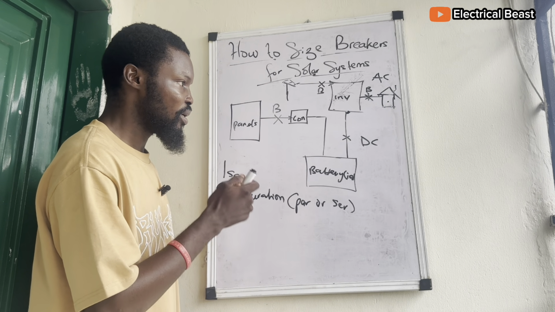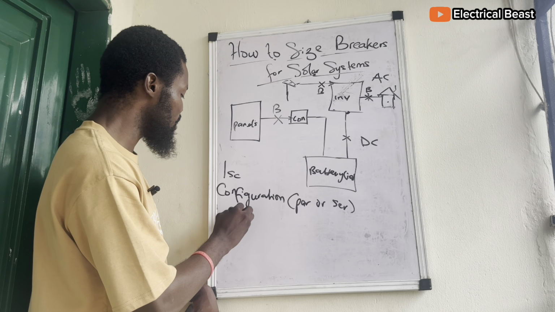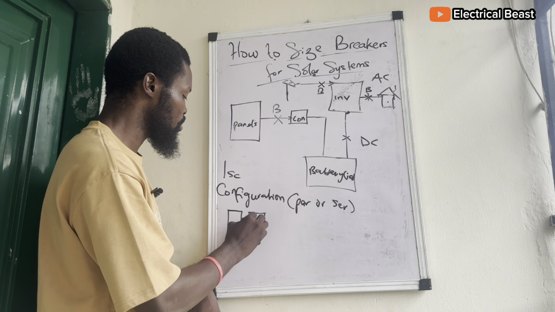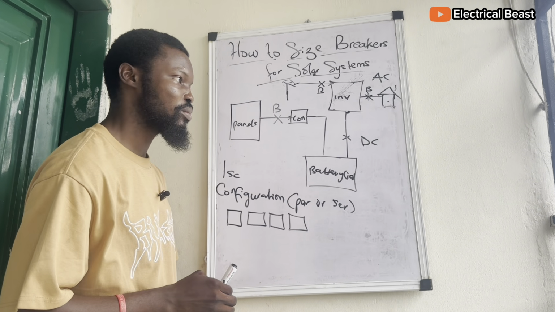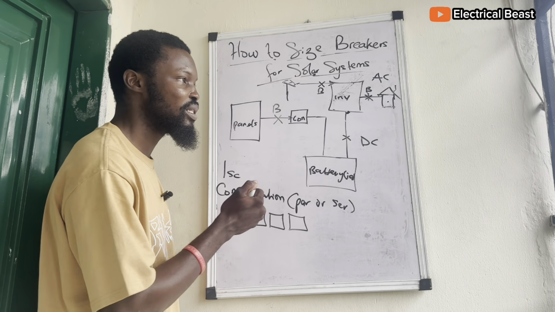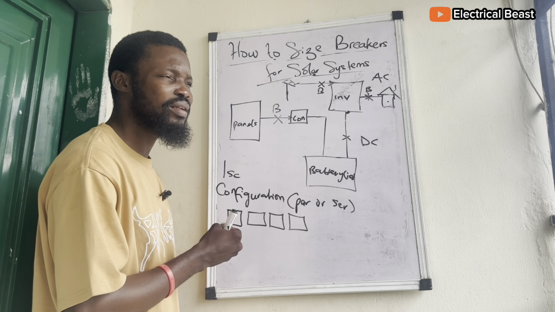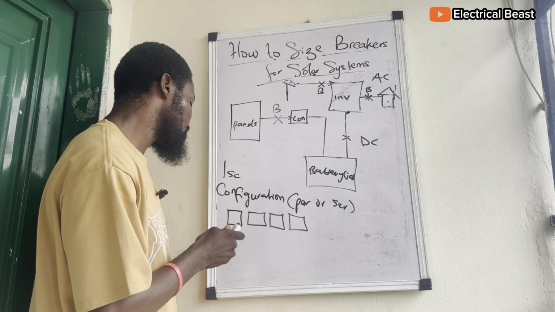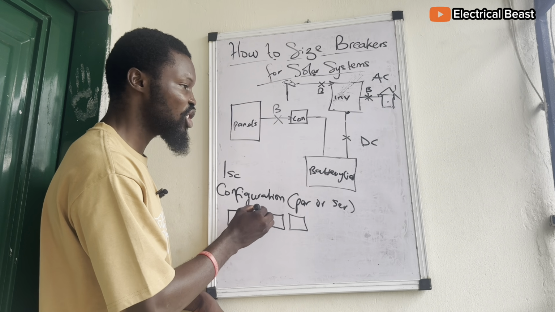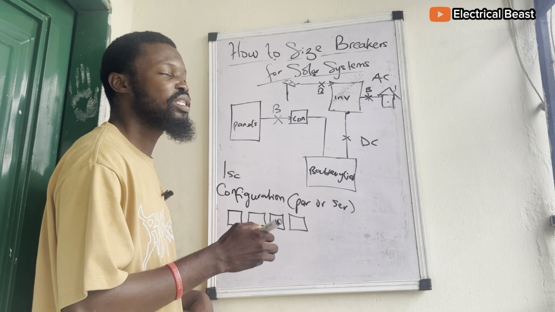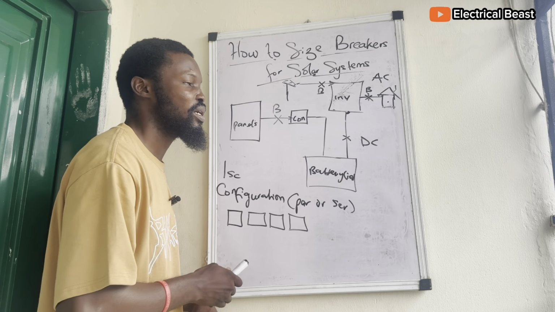For instance, if you have four panels, now you want to connect these panels. If you connect these panels in parallel, what would happen? Note that, let's say the ISC of each panel, for a typical 300 watts panel, is around 9 amps.